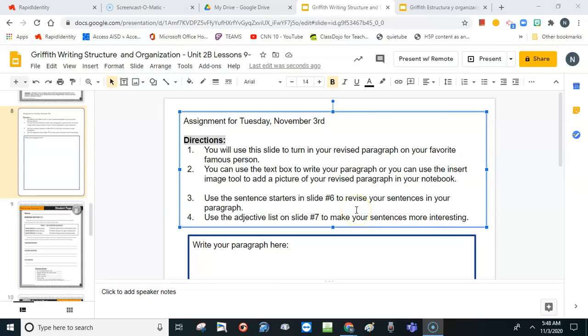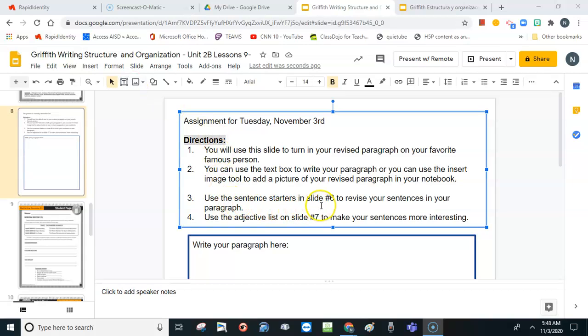I went ahead and added slide number 8. So today we're going to also use slide number 8. It says assignment for Tuesday, November 3rd, directions. You will use this slide to turn in your revised paragraph on your favorite famous person. You can use the text box to write your paragraph, or you can use the insert image tool to add a picture of your revised paragraph in your notebook.